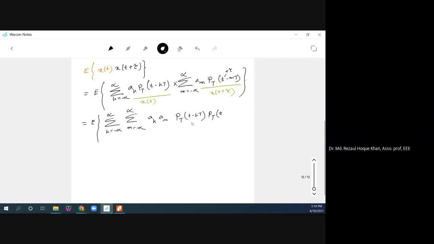I missed this tau. Right, so we rewrite it in this way. Now we take this expected operation inside and insert it here, so the expected value of a_k a_m, just insert it.